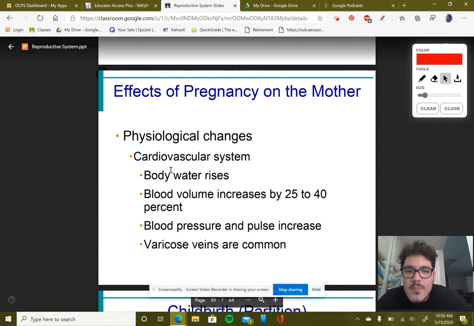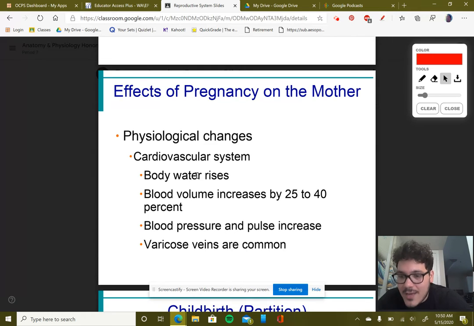Cardiovascular system. The amount of water in the body rises. It is very common for pregnant women to start to have a little bit of swelling, especially in the feet and hands, the extremities. Sometimes you'll see, for instance, ring size can increase by half a size or even a full size in the instance of a woman being pregnant, just because the tissues are starting to swell due to the amount of water being retained.